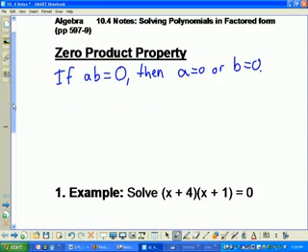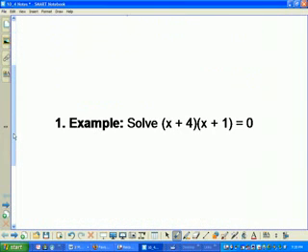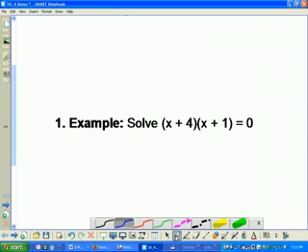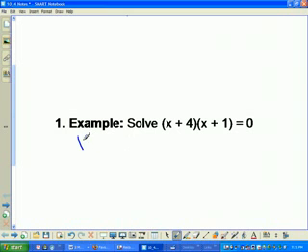So that's what I'm going to take a look at: polynomials in factored form. I'm multiplying x plus 4 times x plus 1, and I get 0. So that means either x plus 4 equals 0, or x plus 1 equals 0.